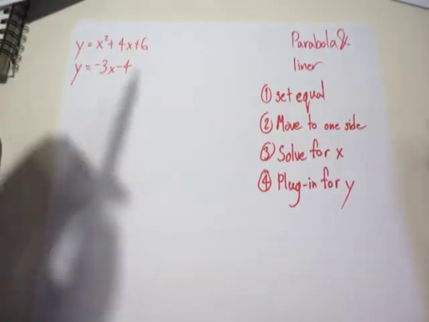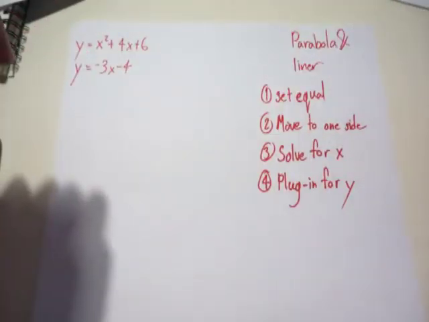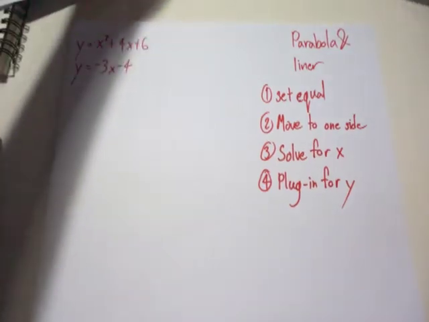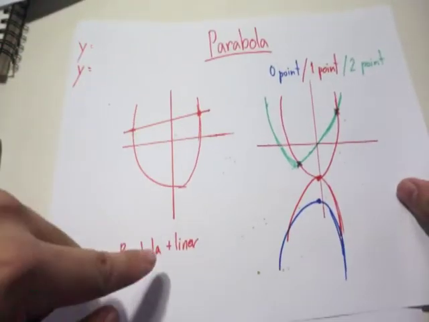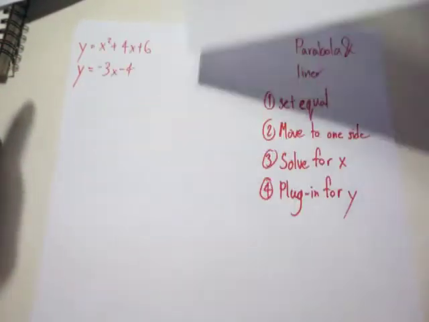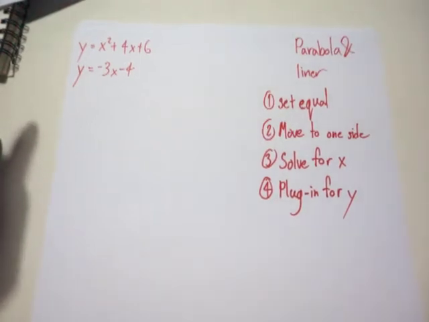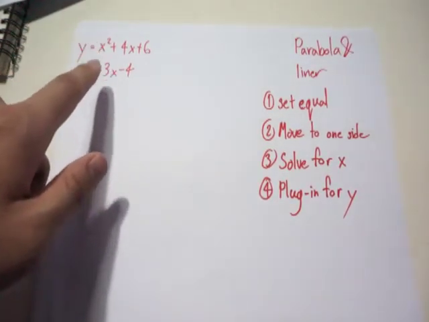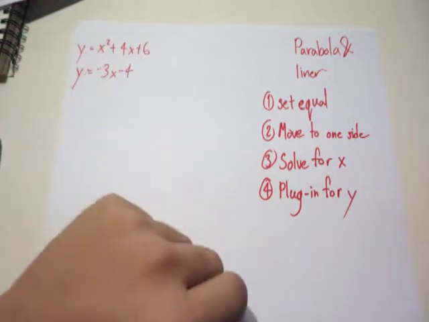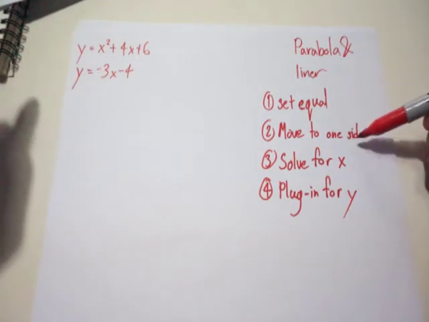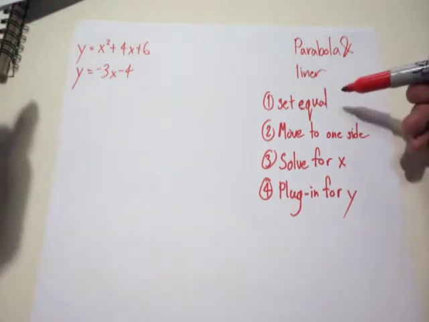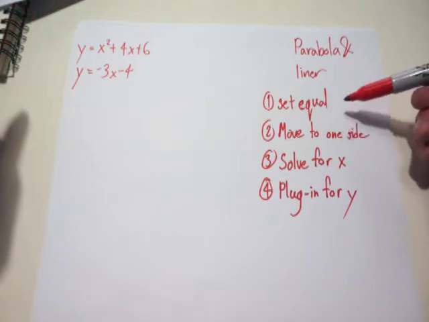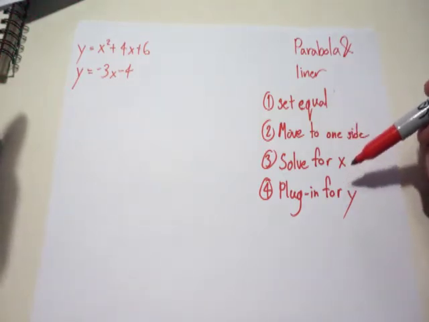So I have set up the equation for the parabola and the linear intersection. So how are we gonna solve this? We have two equations, one is parabola and one is linear, and I got a checklist for us to know when and what we're gonna do on each step.